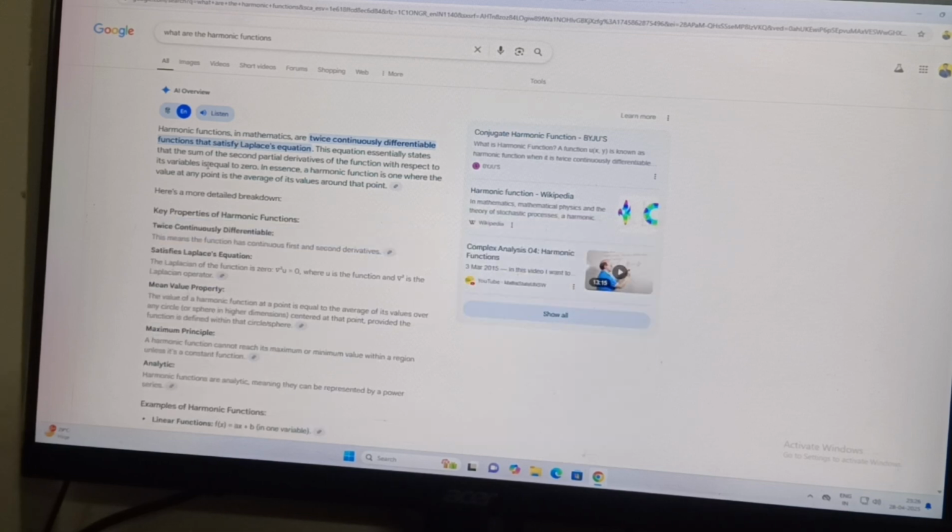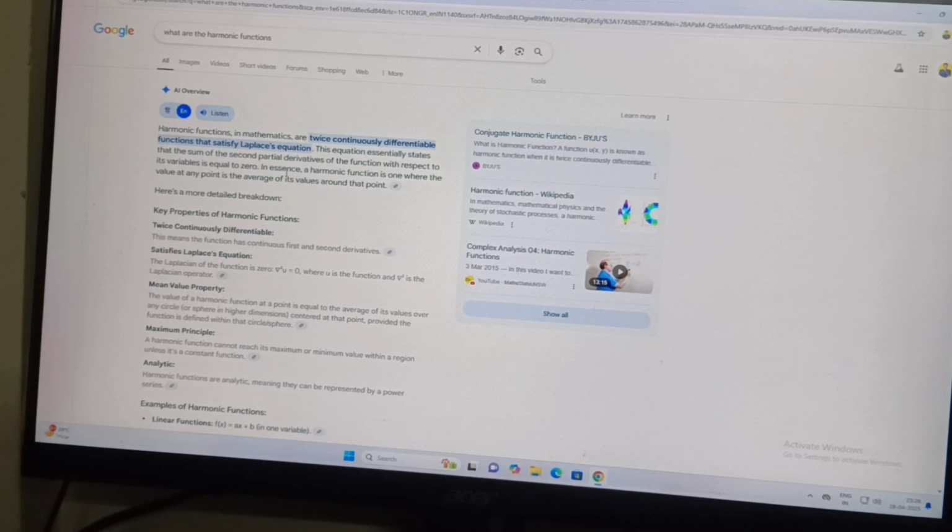That is a harmonic function. Or we can also say Laplace equation. Harmonic functions in mathematics are twice continuously differentiable functions that satisfy the Laplace equation. I have told you the Laplace equation. Laplace equation or harmonic equation, both are the same.